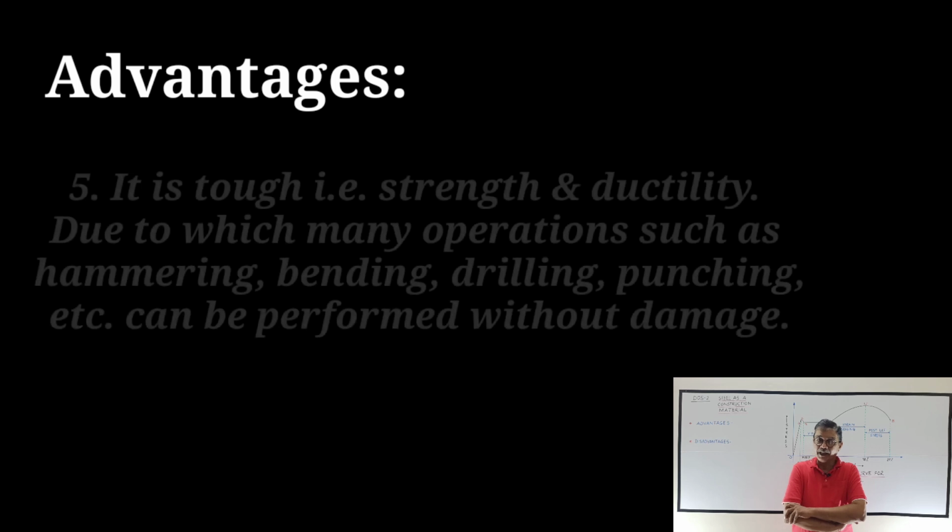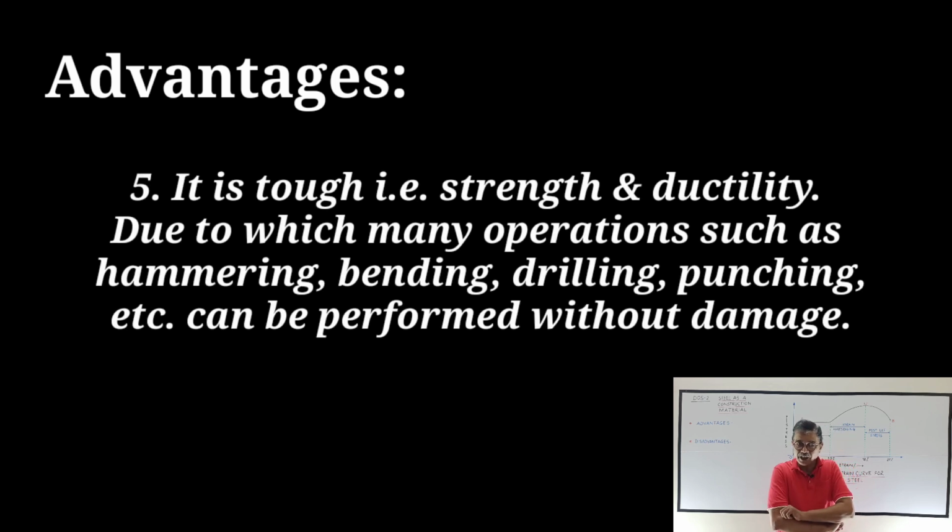Number 5, it is tough. What do you mean by tough? It has got strength as well as ductility. Now, due to this strength and ductility, what happens? When steel structures are fabricated, a number of actions can be performed on it: hammering, bending, quenching, drilling, punching.